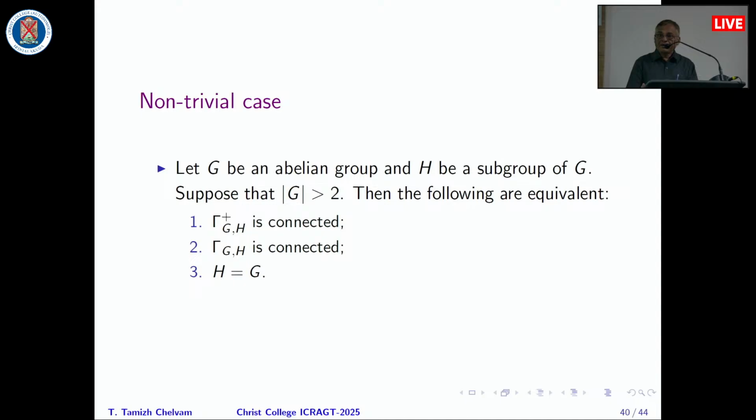That means the number of components, either complete or complete bipartite, is greater than or equal to 2 when you take H as a non-trivial subgroup of G.